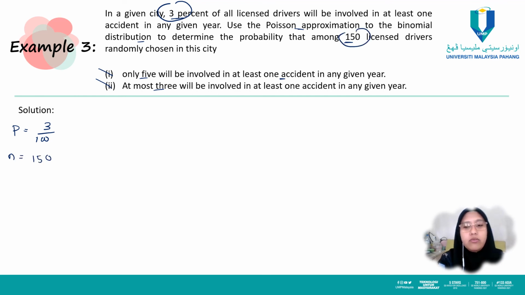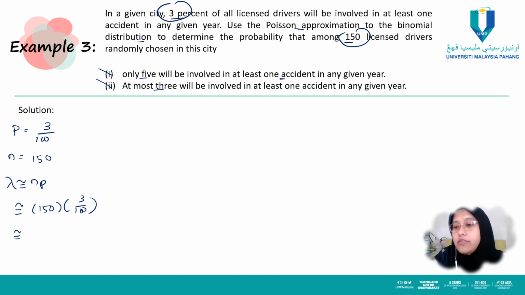These two values already satisfy the rough guideline for Poisson distribution approximating binomial distribution. Let's calculate our lambda first. Lambda approximately equals NP, which is 150 multiplied by 3 over 100. So I will have the value for lambda equal to 4.5.